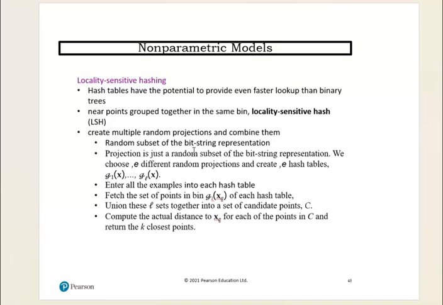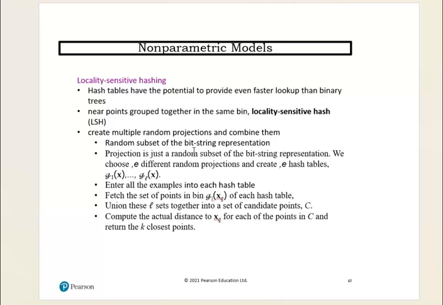So in that case, we can pick L different random projections and create L different hash tables, g1 through gL, okay? And then we enter all the examples into each hash table. Then given a query point xq, we fetch the points that are in the same bin as xq from each one of these hash tables and union them together into a set of candidate points.